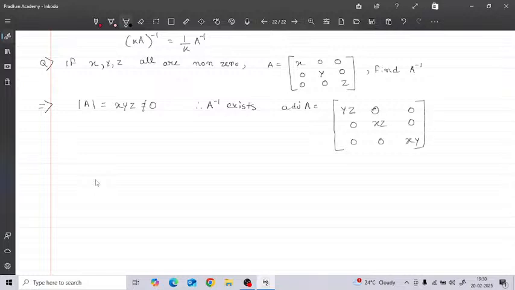So this is my adjoint. Now what is A inverse? It is adjoint of A divided by the determinant. So if you divide it, you will get 1 by x 0 0.